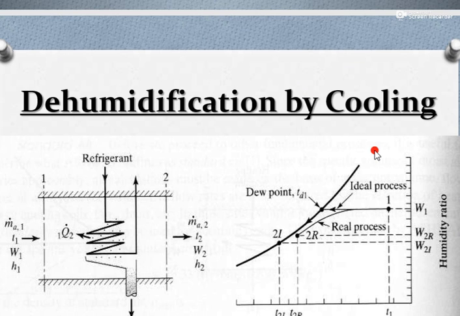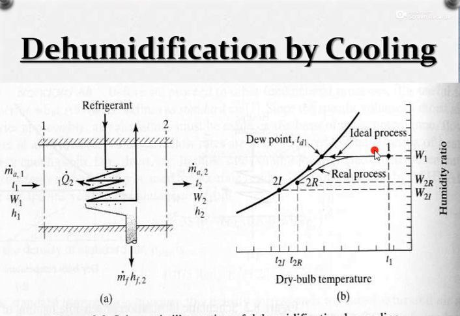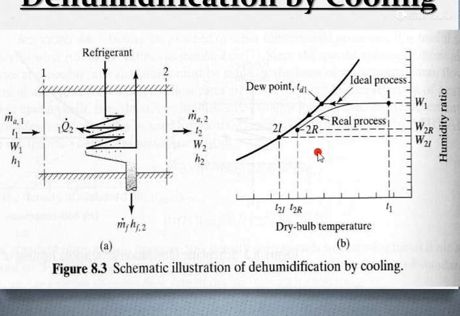Next, dehumidification by cooling. Again the same process is being shown in a more elaborate manner. This one is your ideal cooling process from 1 to 2, because from this point condensation will start.